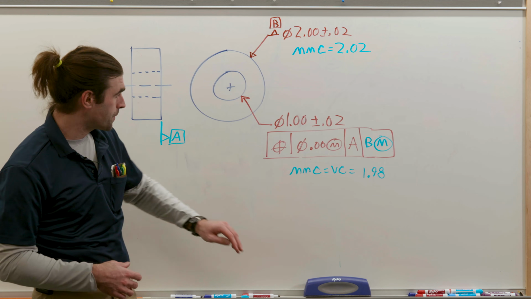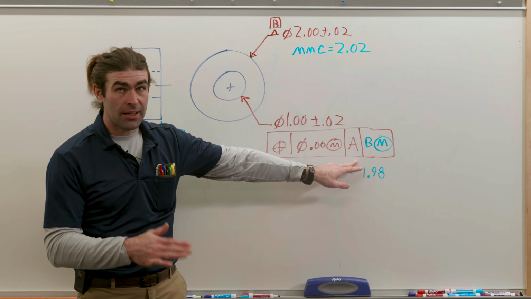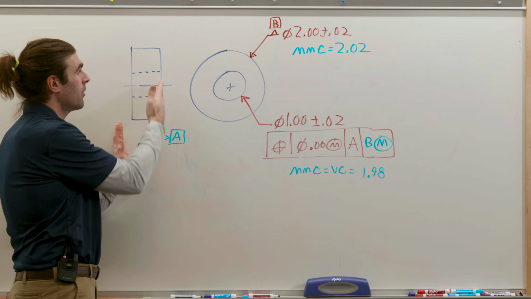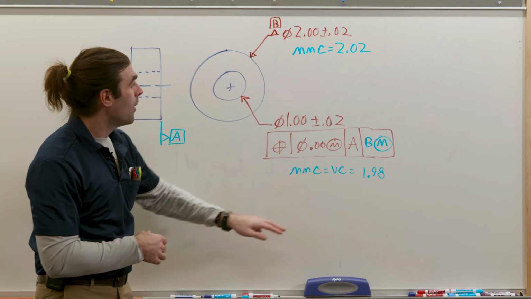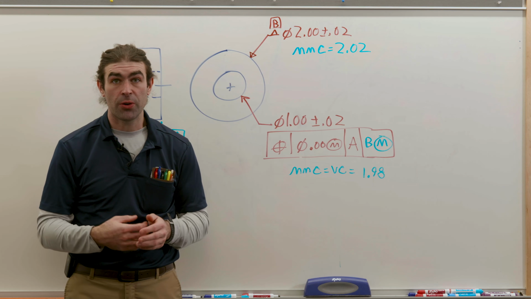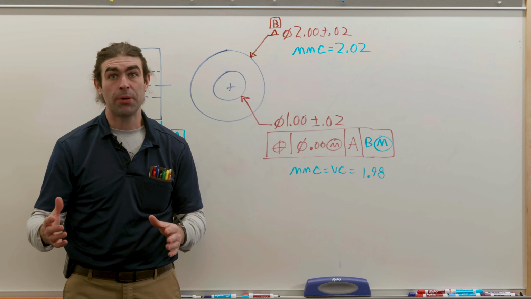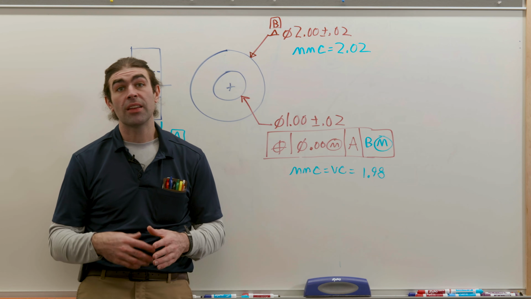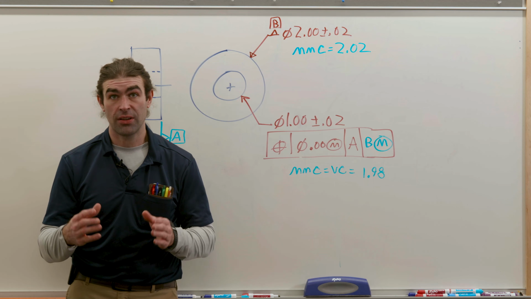Datum A is our primary datum, so we've got to establish 3 points of contact with datum A here. But datum B applies at maximum material condition, or MMB, maximum material boundary. This is an optional inspection technique.